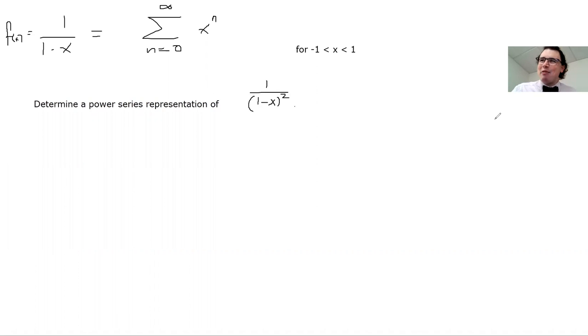For whatever reason, I would like to have a power series representation of this function right here. Now, I can't do my same trick as I did in the slides of my substitution, right? Because this is going to look like 1 minus 2x plus x squared in the denominator anyway. That's not going to work.